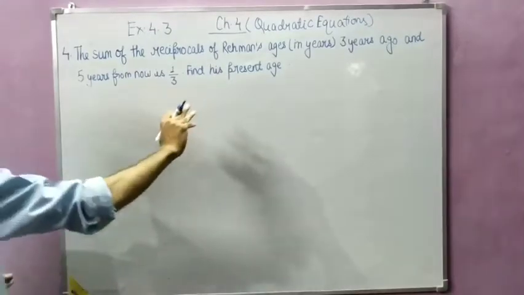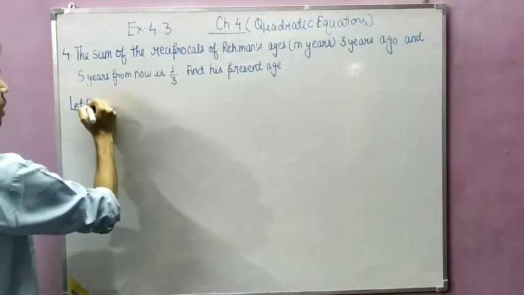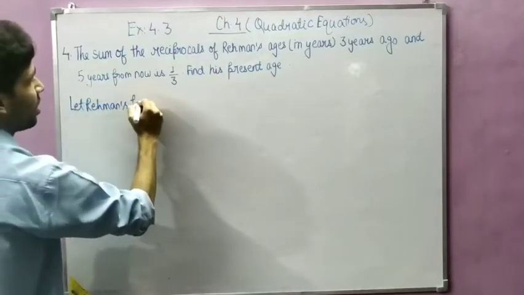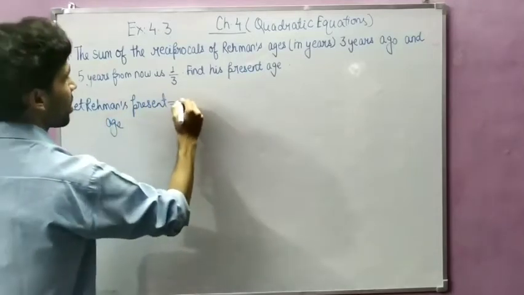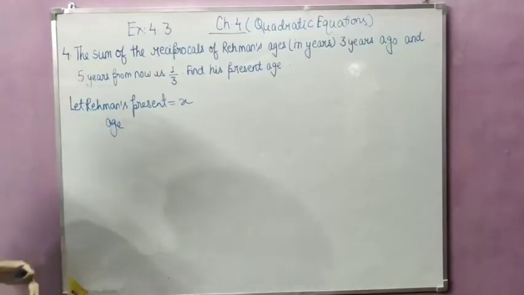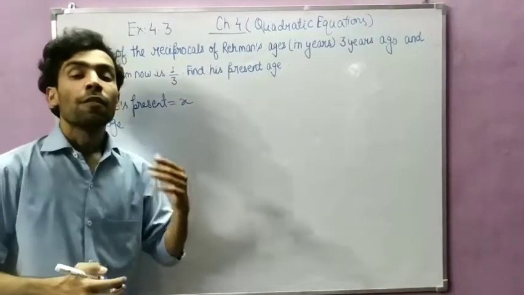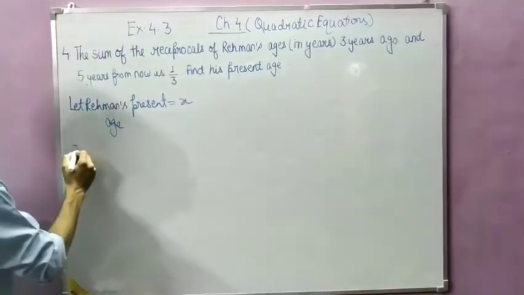So whatever the question is asking, let us assume Rahman's present age is x. If Rahman's present age is x, what was Rahman's age 3 years ago?